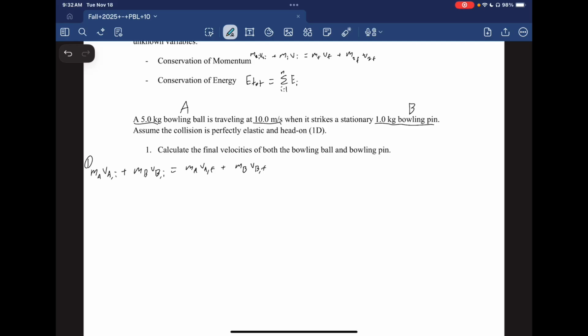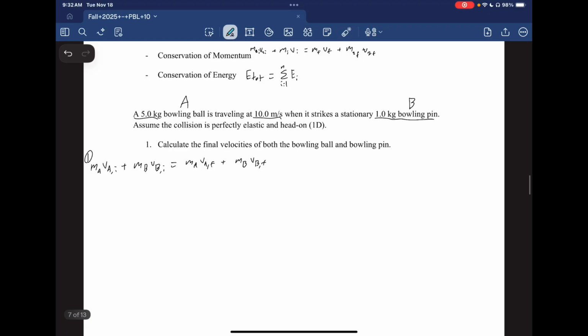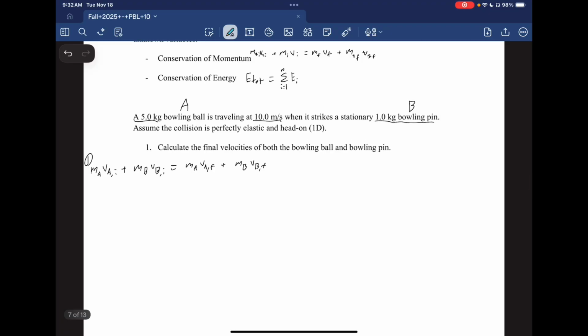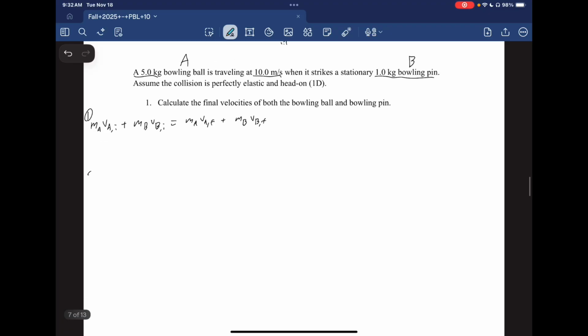So this is equation 1. Equation 2, we do the same thing for the kinetic energies. So 2, we have 1/2 MA VAI squared plus 1/2 MB VBI squared.